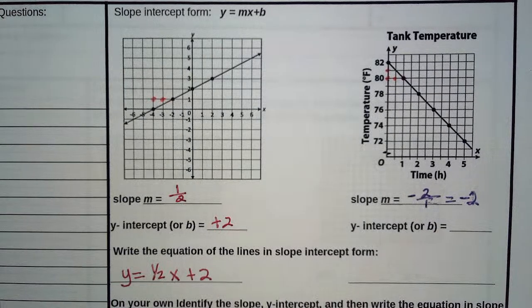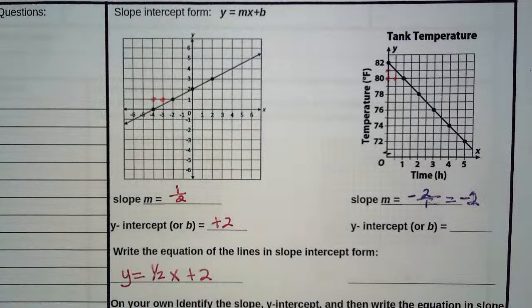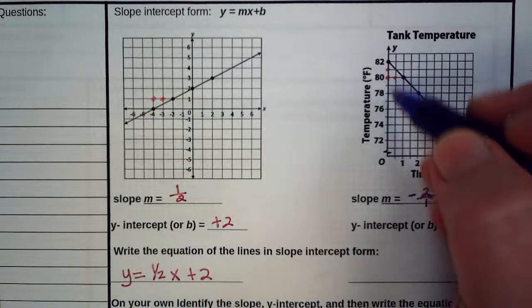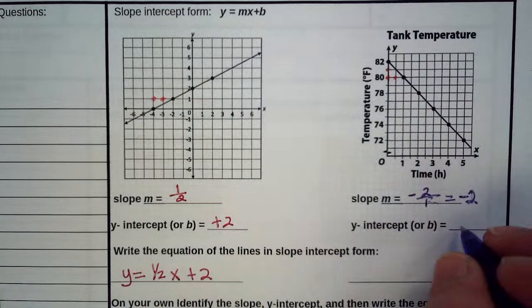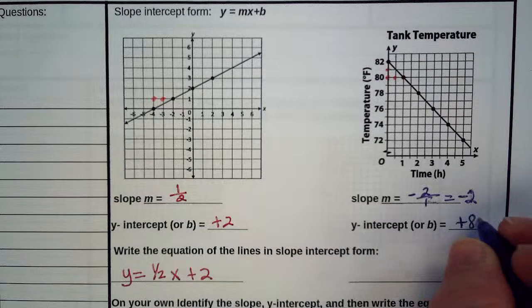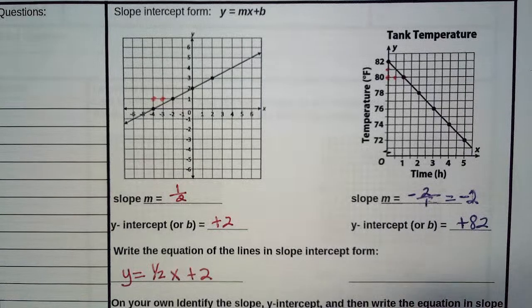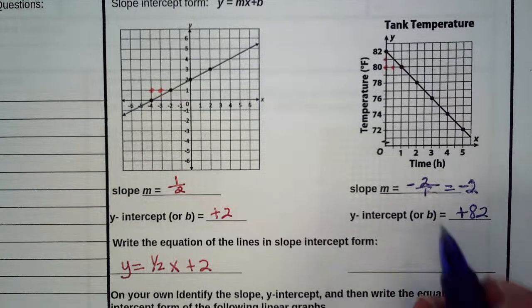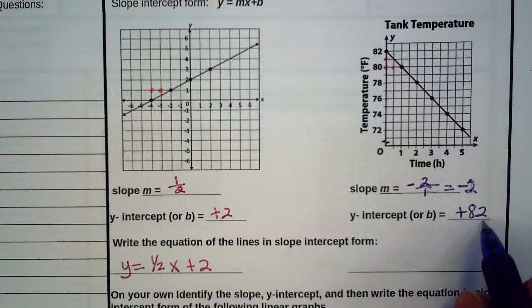Now, where does it cross that y-axis? At 82, positive 82. So what is my slope? My slope is negative 2. My b is 82.